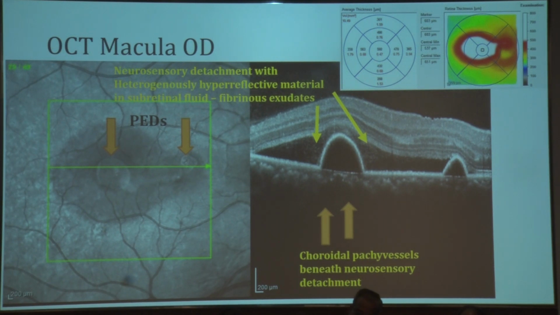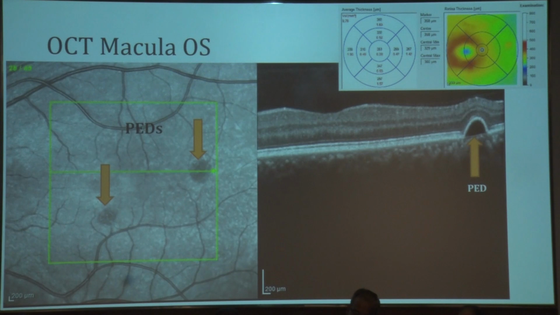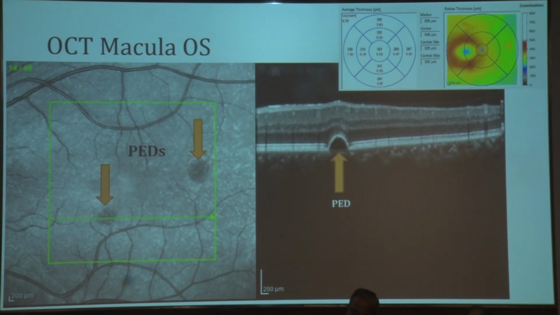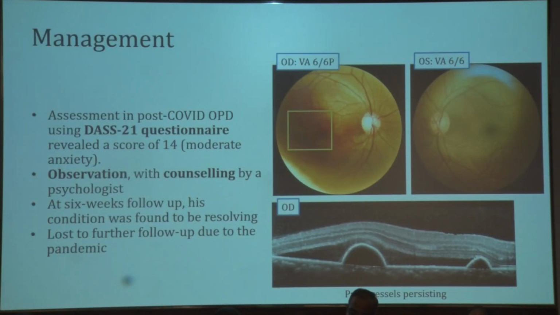Choroidal pachyvessels were noticed beneath the neurosensory detachment. This is the left eye OCT. Assessment in the post-COVID OPD using the DASS-21 questionnaire revealed a score of 14 corresponding to moderate anxiety. Observation with counseling by a psychologist led to resolution of his condition at 6 weeks follow-up. Further follow-up could not be obtained due to the ongoing pandemic.